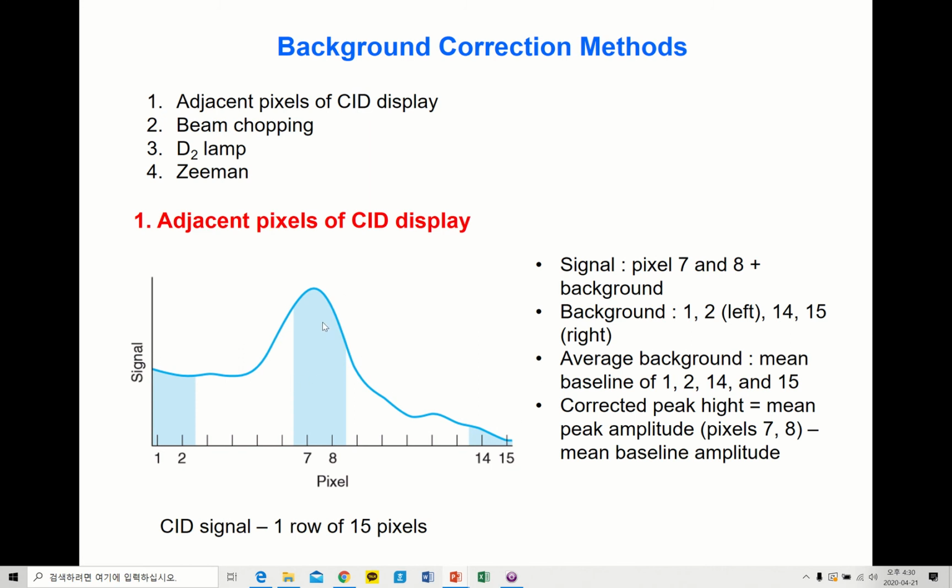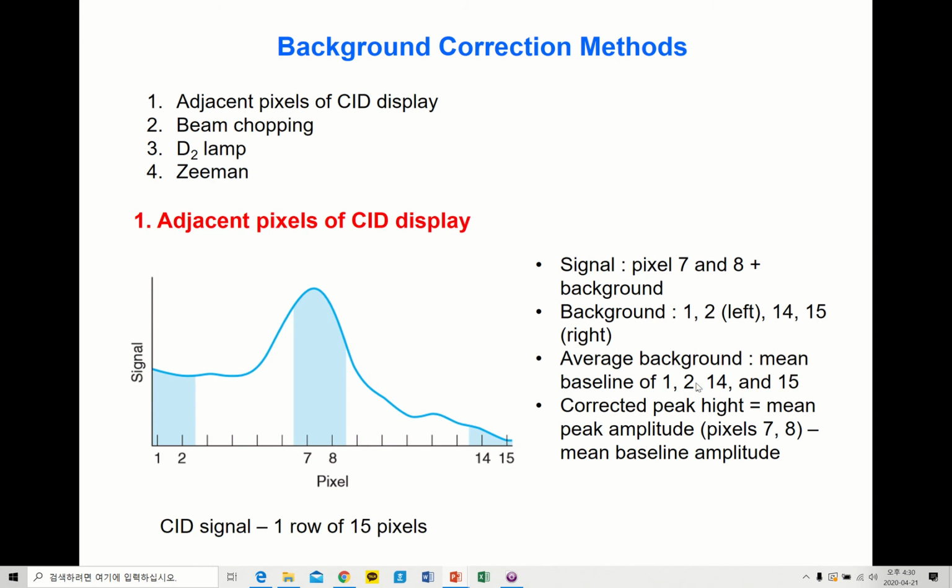But the background is not constant. In this case the background is very high, and on pixel number 14 or 15 the background is small. The signal is on pixel number 7 and 8.